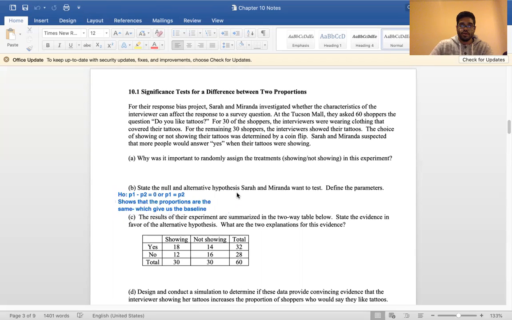And then since we believe, read the problem above, more people say yes, our HA will be P1 less than P2.